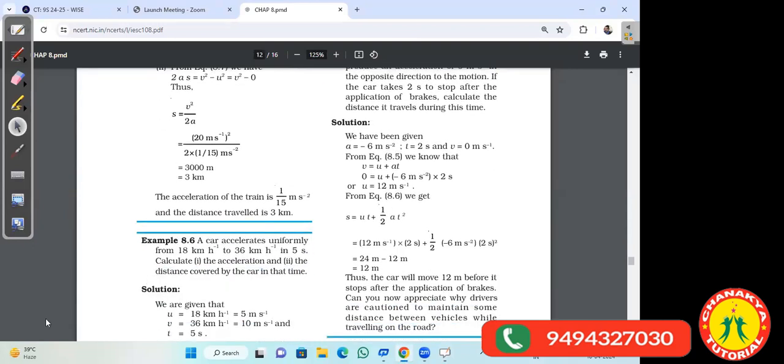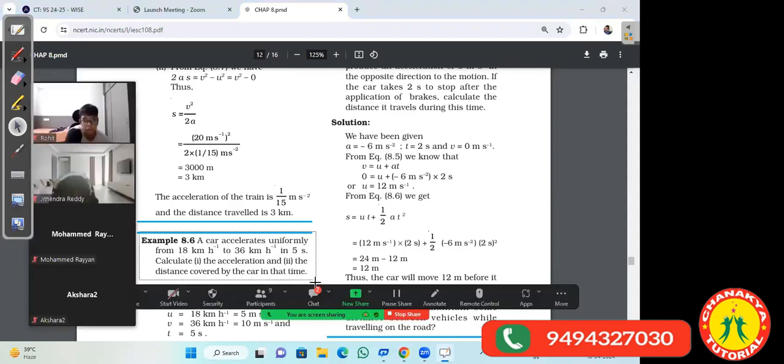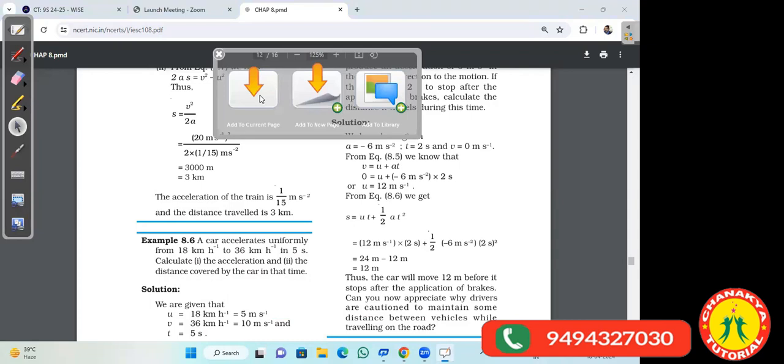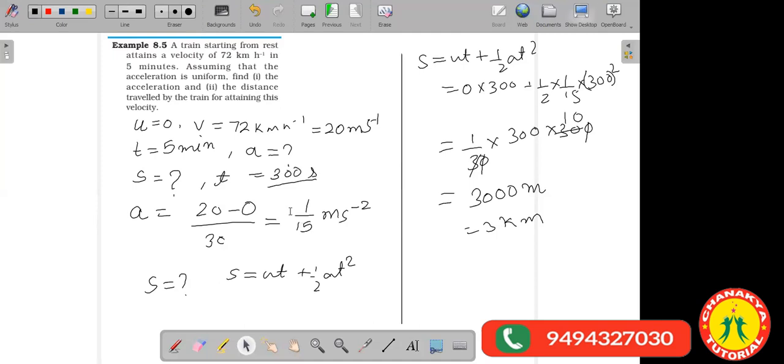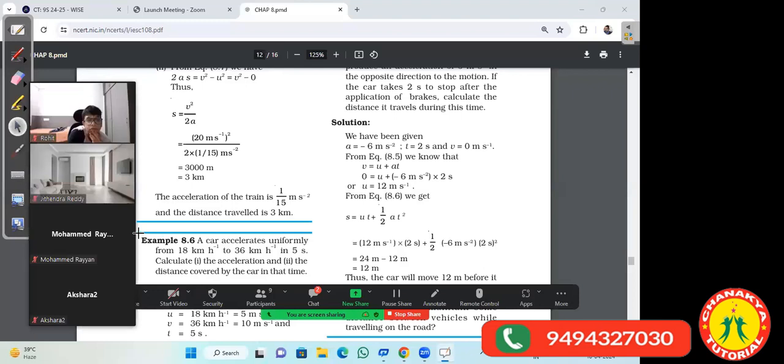Now this: a car accelerates uniformly. I give you 3 minutes to solve this problem. Do your calculations, everything.